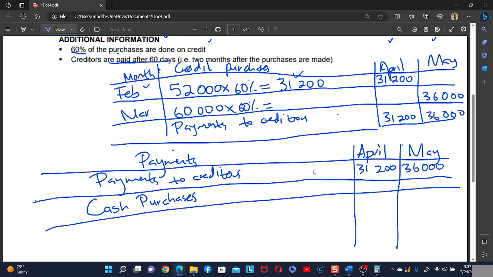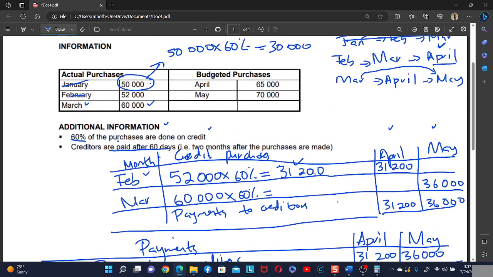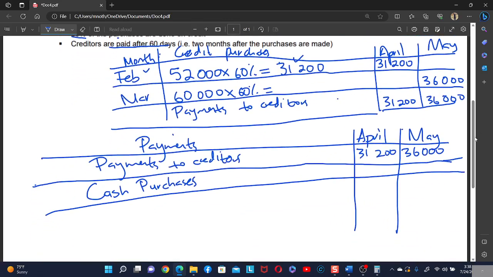Now, let's go and find the cash purchases of May and April. In April, the purchases are 65,000.